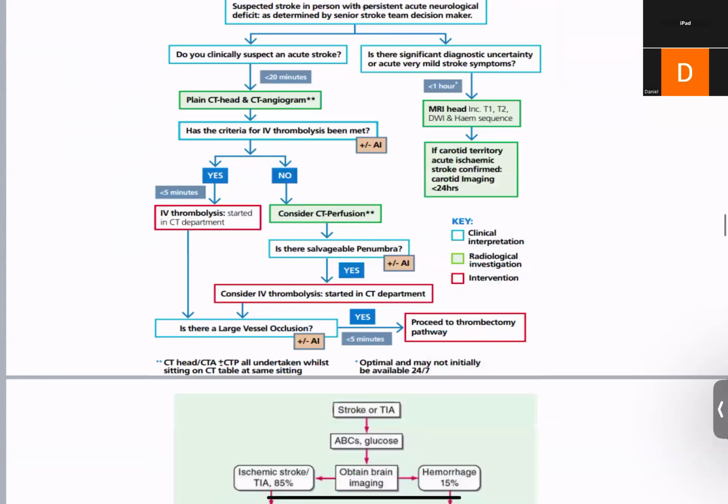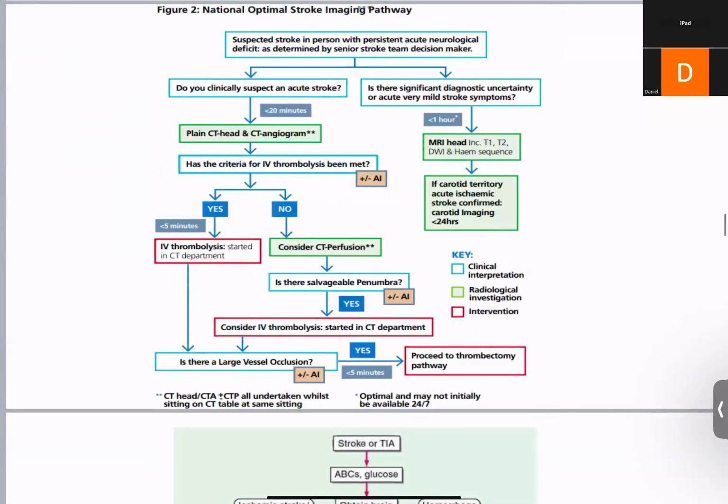So this is the National Optimal Stroke Imaging Pathway, which is proposed in the NICE 2022 guidelines, sir. For any suspected stroke in a person with persistent acute neurological deficit, they say in less than 20 minutes, plain CT with or without CT angiogram should be taken.